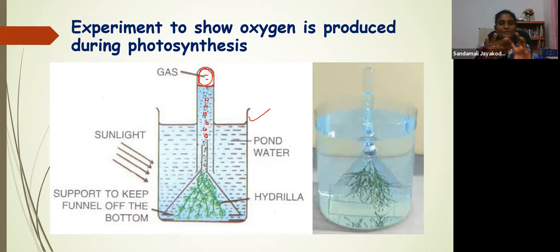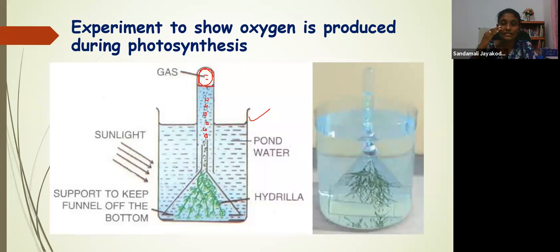Once it has about 2/3 of the test tube containing the air, we take the test tube out without removing this, and we have to put our thumb into the opening of the test tube and take it out. Otherwise that air bubble is going to be released out, so we have to be careful not to release that out.